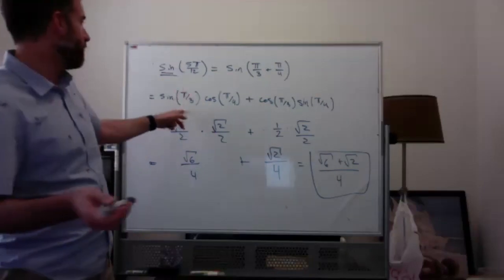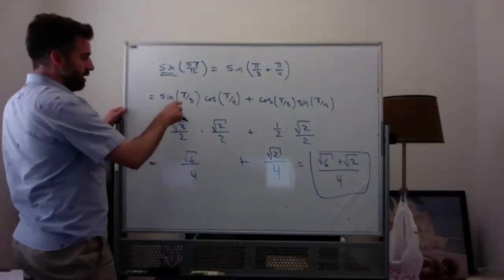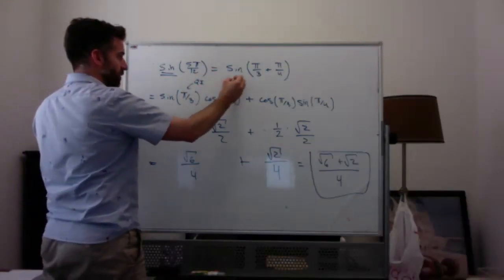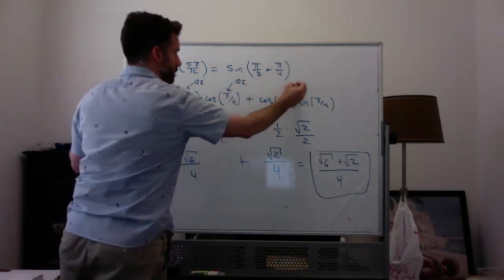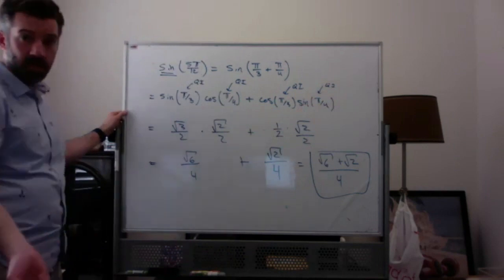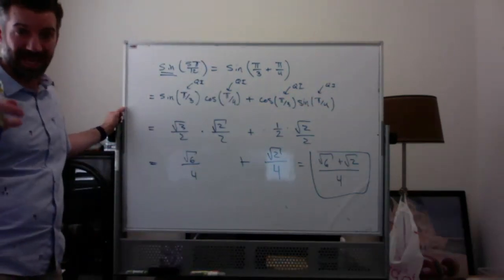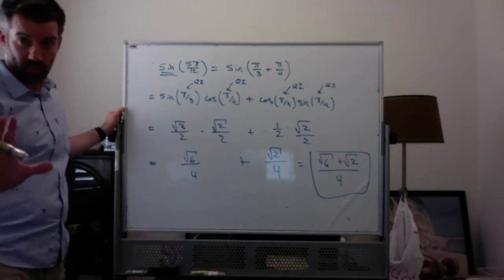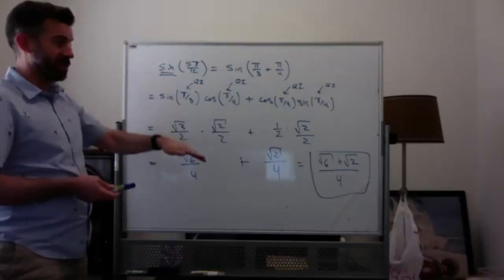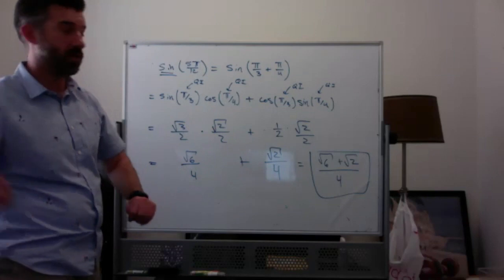These values are totally based off the fact that this angle pi over 3 is in quadrant 1, and this angle pi over 4 is in quadrant 1. So for the 5 pi over 12, you don't have to do it based off that one. The thing I think you're thinking of is when you have something like pi over 8, which we'll definitely look at shortly. But for these ones, it's always going to look like something root 6, something root 2, all over 4.